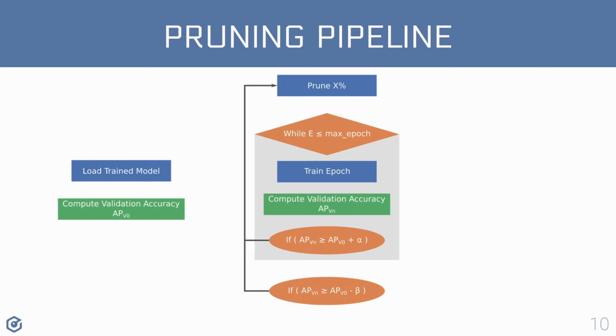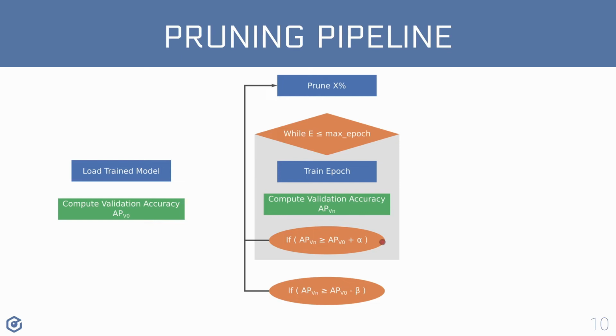And so once we pruned a certain number of channels of our network, we start retraining the network in order to reach the same accuracy as the original model had. So every epoch after training, we check what the new validation accuracy of our pruned model is. And if that accuracy is higher than the original accuracy, and not just higher, but higher than a certain alpha parameter, so higher by a certain margin than our accuracy, then we preemptively stop our retraining and say, okay, this is good enough.